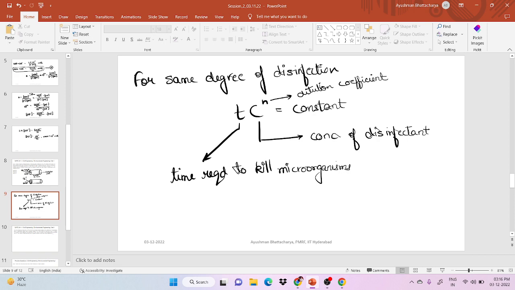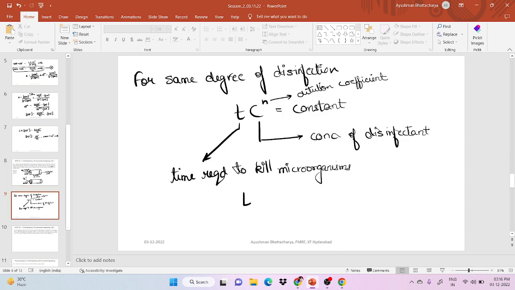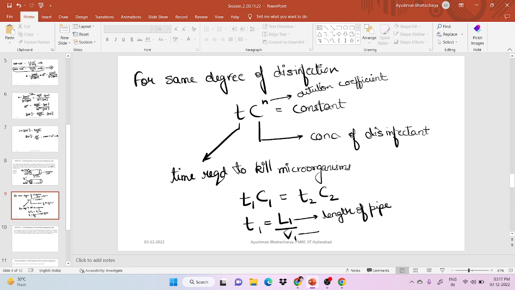In this question, the value of n is given as 1. So assume the dilution coefficient n is equal to 1. That means T1 C1 is equal to T2 C2, where T1 is equal to L1 by V1. L1 means length of the pipe, V is velocity of flow.